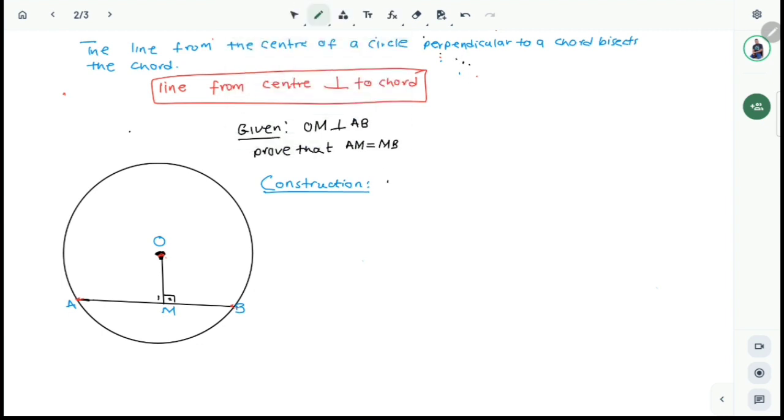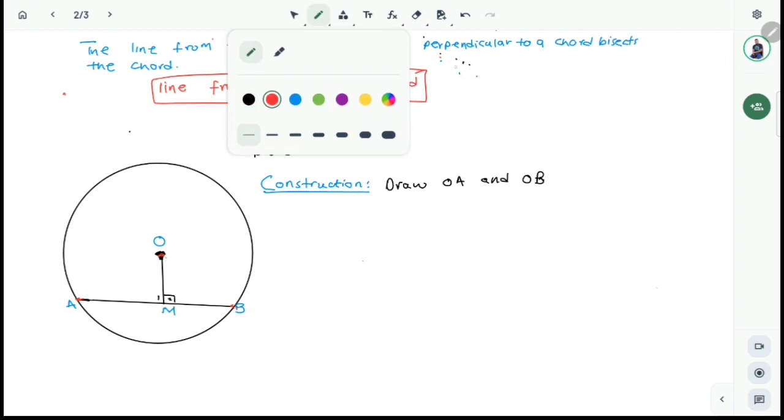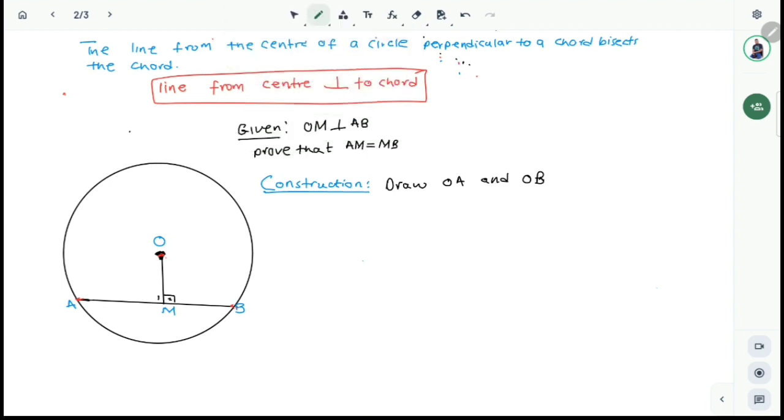On our construction, we have to draw OA and OB. Okay, we have to draw OA and OB.